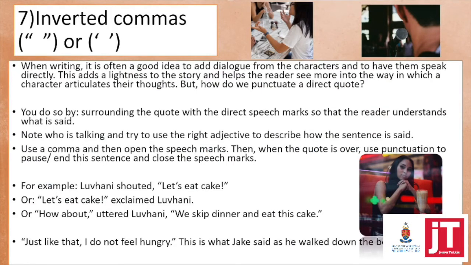Alrighty, everybody. Now we are going to take a look at what are called inverted commas, commonly known as direct speech marks or something like that. What it essentially means is when you are writing and you want somebody to say something, or if you're directly quoting what someone has once said, you need to use these over here. You need to use some inverted commas. So say, for example, someone in your story is just staring at you and saying, "Again?"